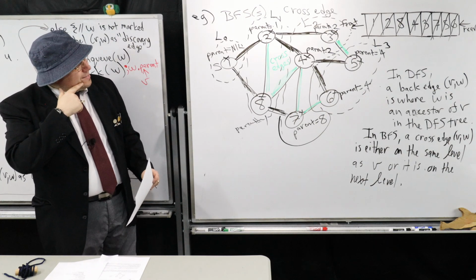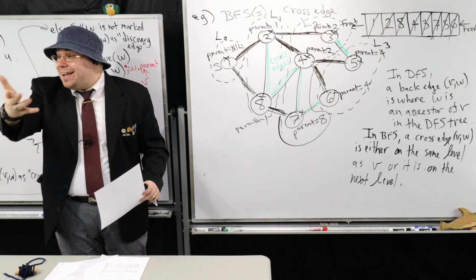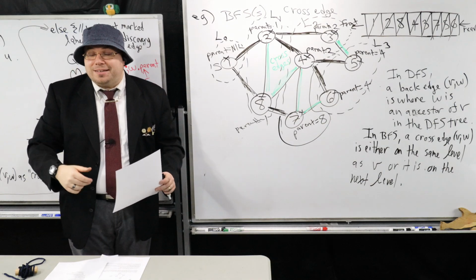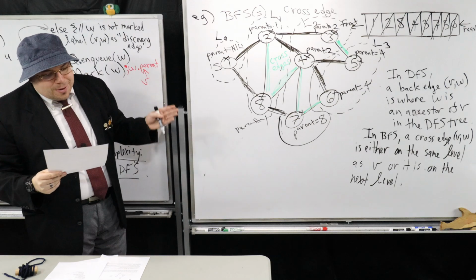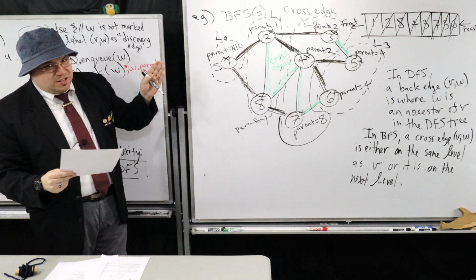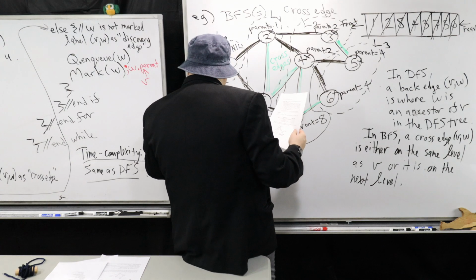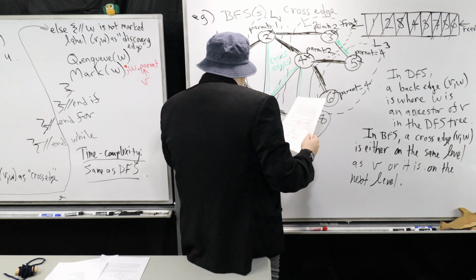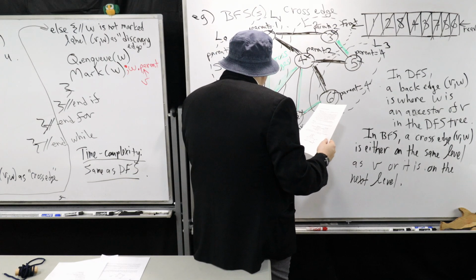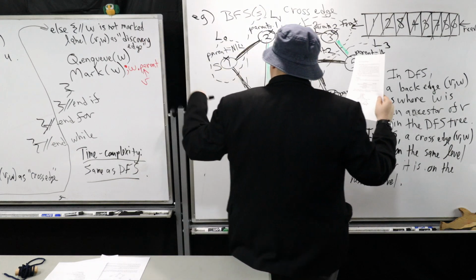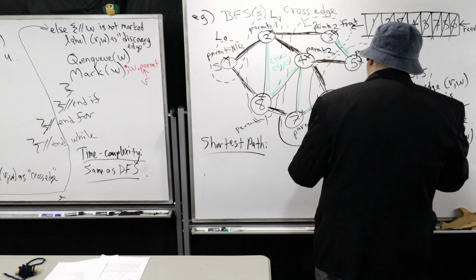So the question is, and I'll tell you, the answer is yes, this isn't a coincidence at all. What we're doing is actually computing shortest paths. Believe it or not, I'm going to define a shortest path on an undirected, so-called unweighted graph. We'll talk more about weighted graphs next time.